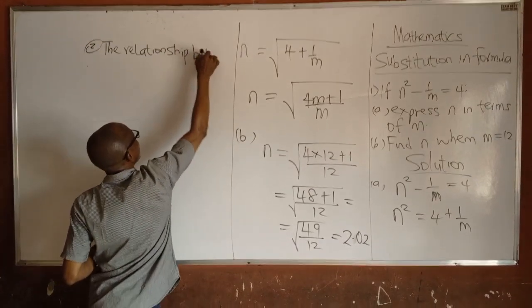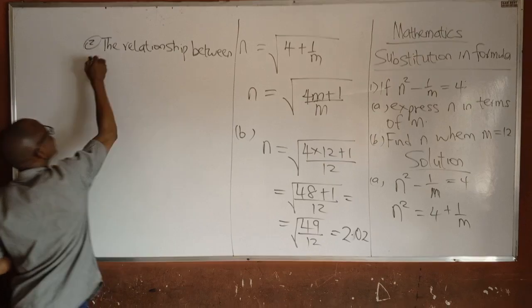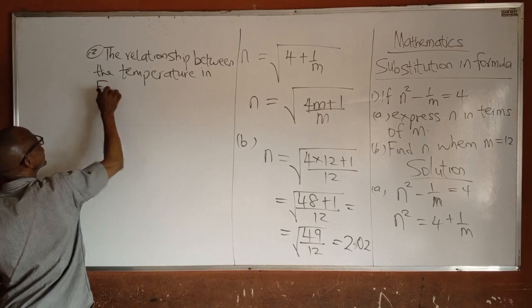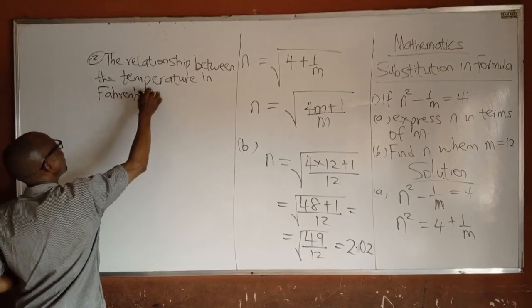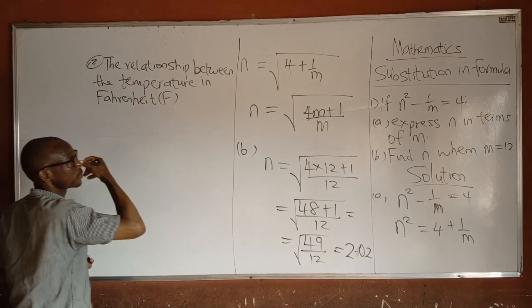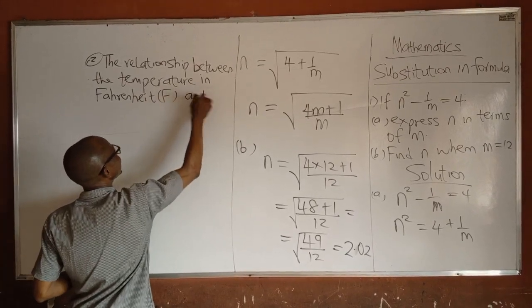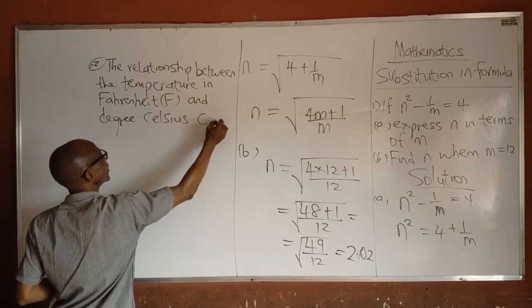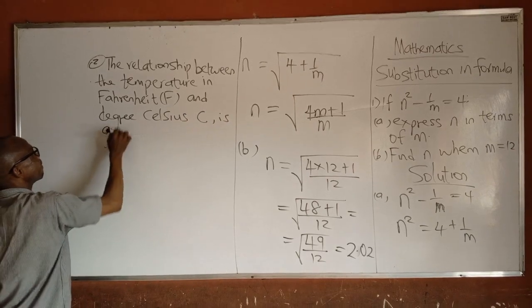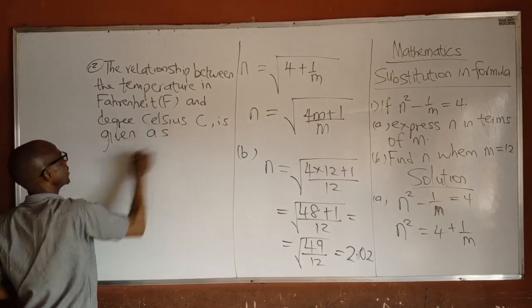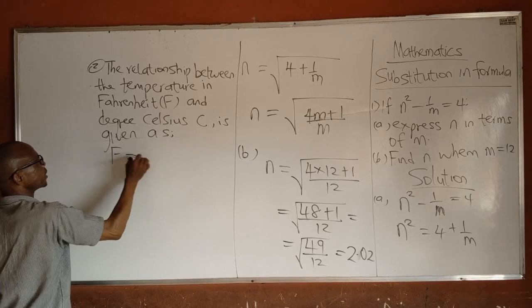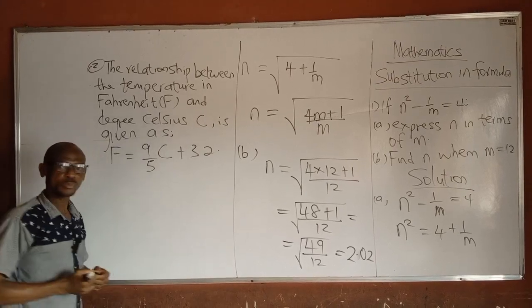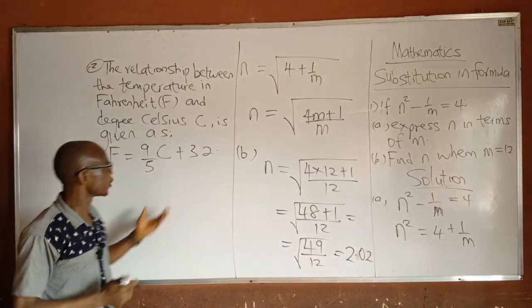The relationship between the temperature in Fahrenheit, F, and Celsius, C, is given as F is equal to 9/5 C plus 32. Now let's say we have a question like this and you were asked to do what?